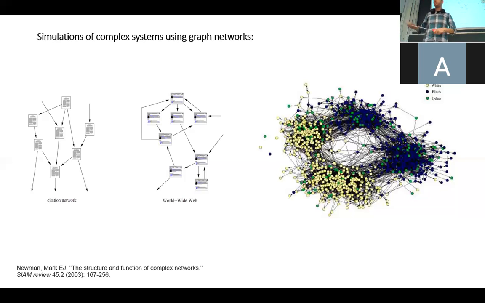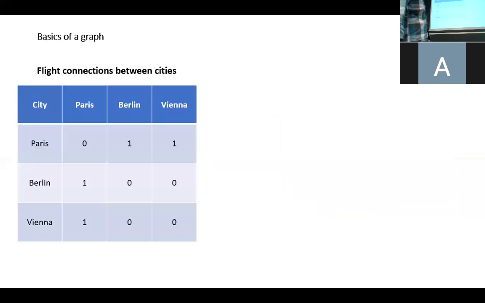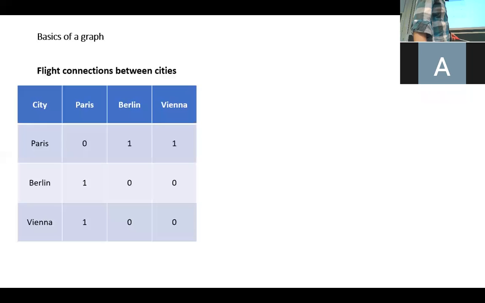So it's really important to mathematically model these connections between people, between links, between cells in a society, or social media connections. All of these are modeled with networks.